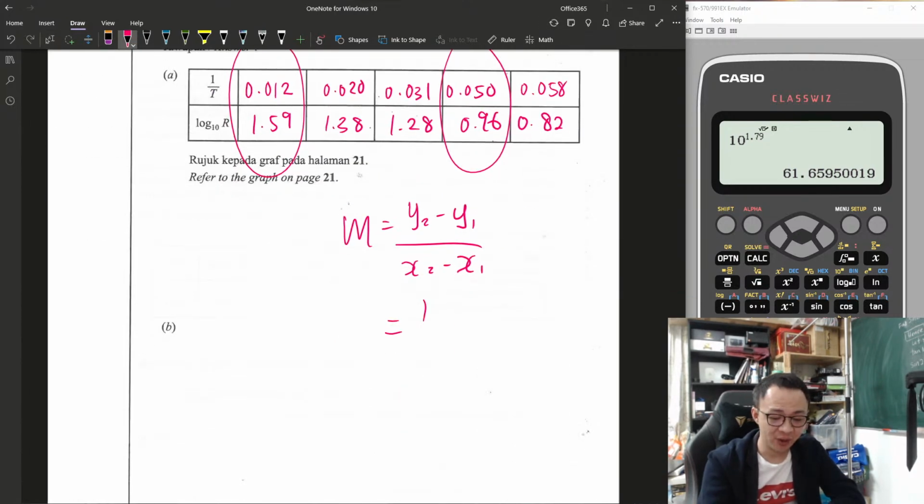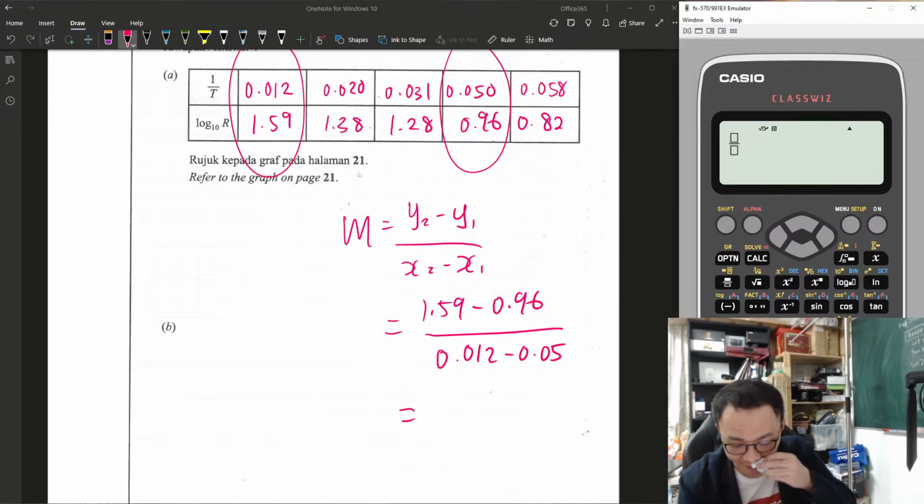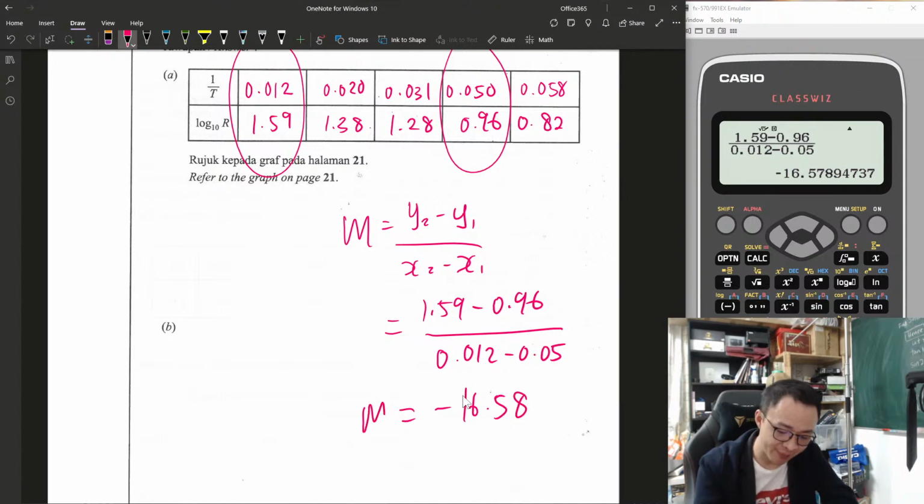So 1.59 minus 0.96 over 0.012 minus 0.05. Real quick to get my gradient, my gradient is about negative 16.58.